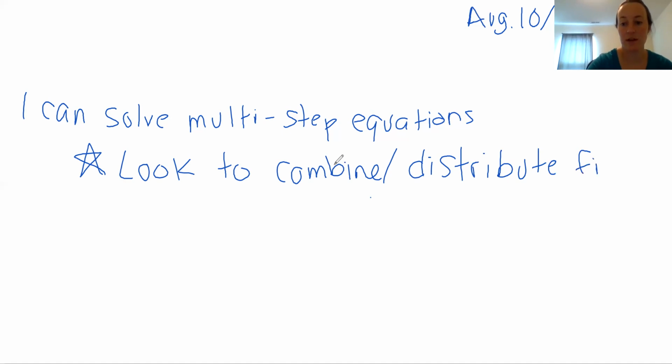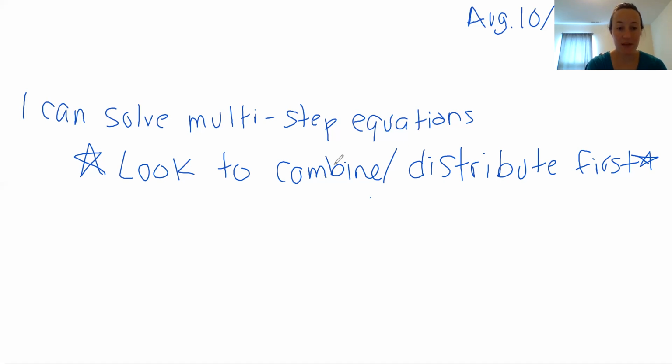This is also going down on your paper. Give you a second to write that down. If we combine and distribute as our first step with these equations, then ultimately it's going to become a 2-step equation that we can go ahead and solve.